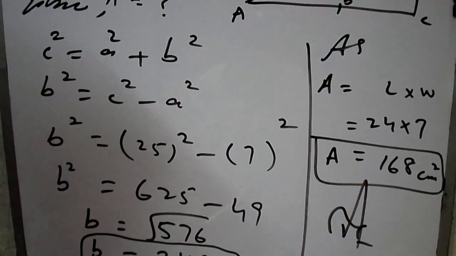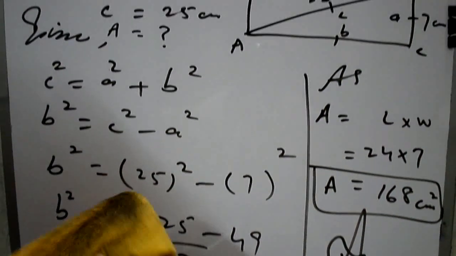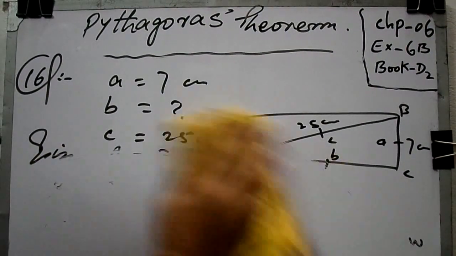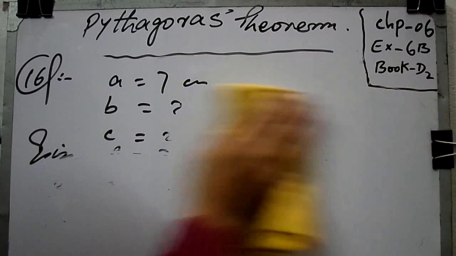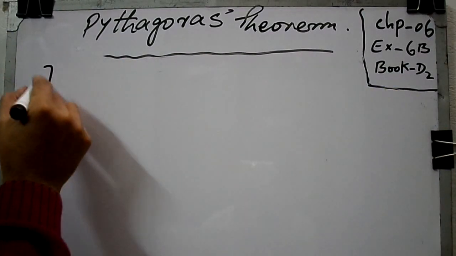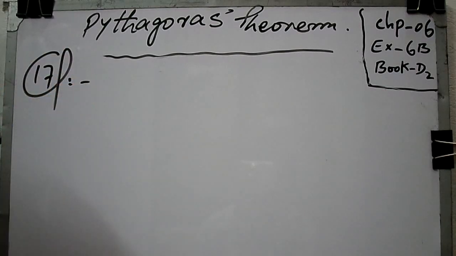Now coming to question number 17. In question number 17, three integers a, b, c with a less than b less than c are said to form a Pythagorean triple.